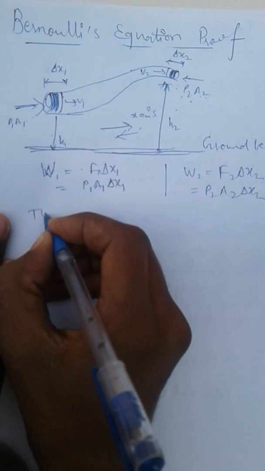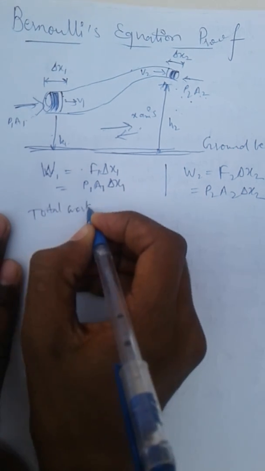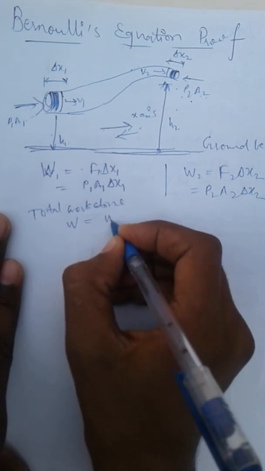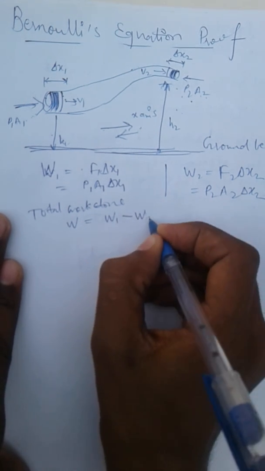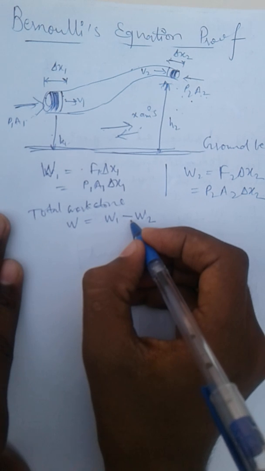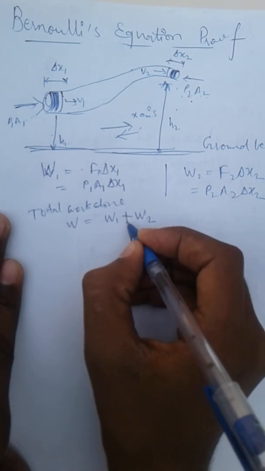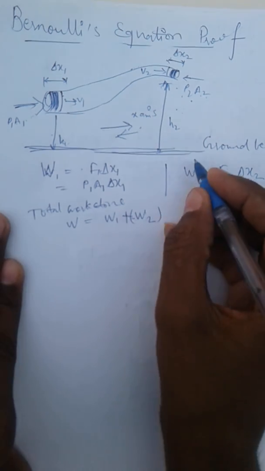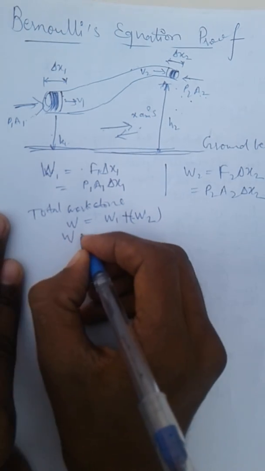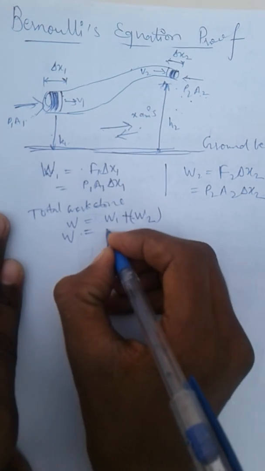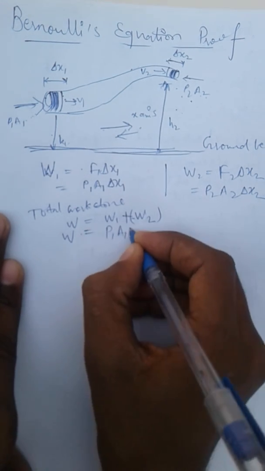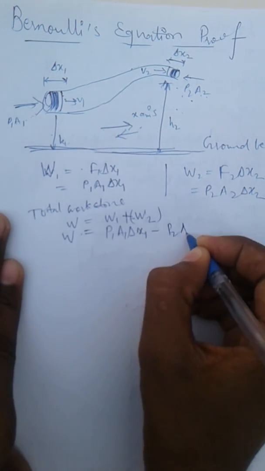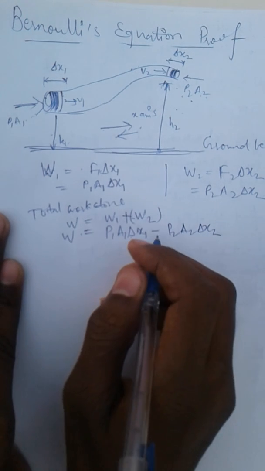Then what is the total work done? W equal to W1 minus W2, then W equal to P1A1 del x1 minus P2A2 del x2.